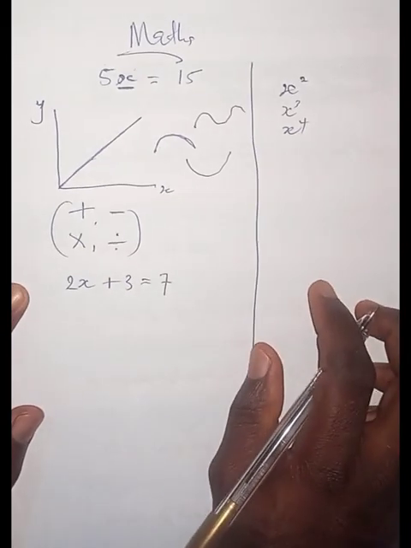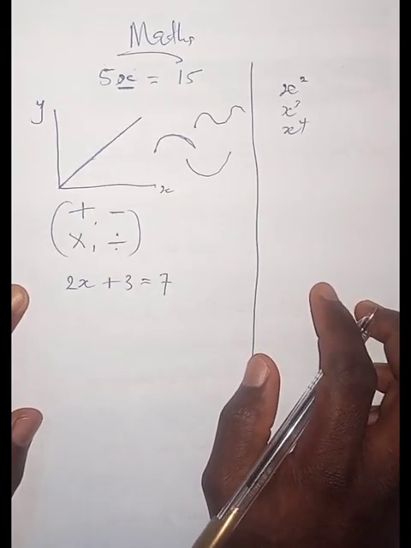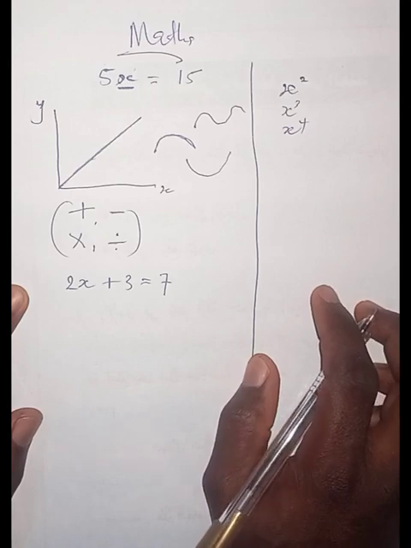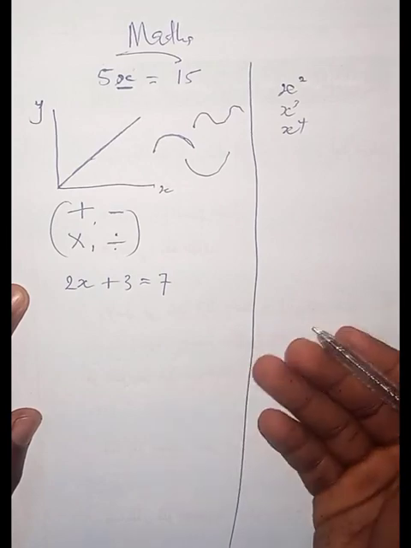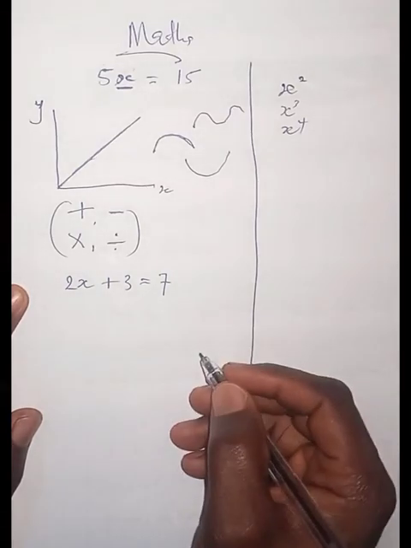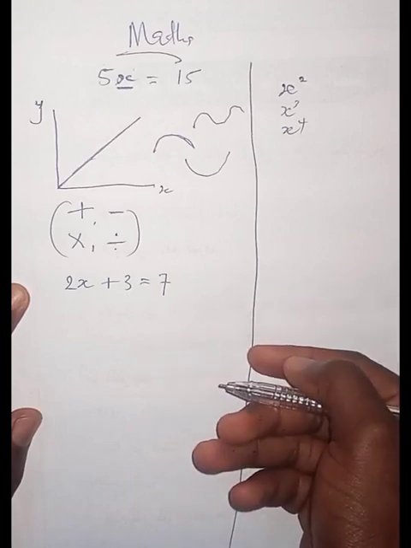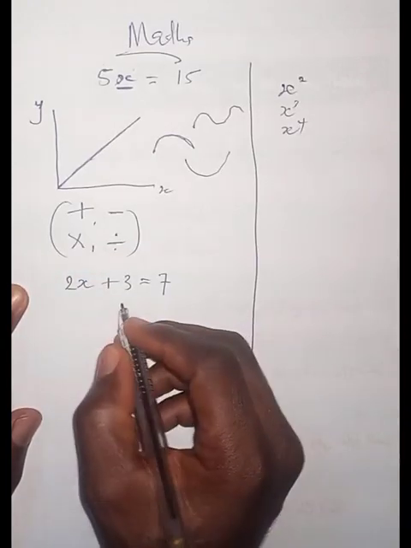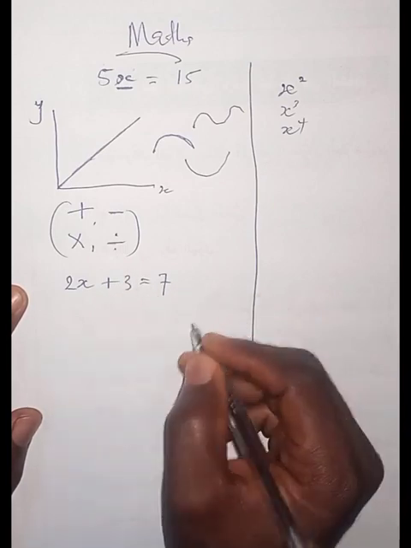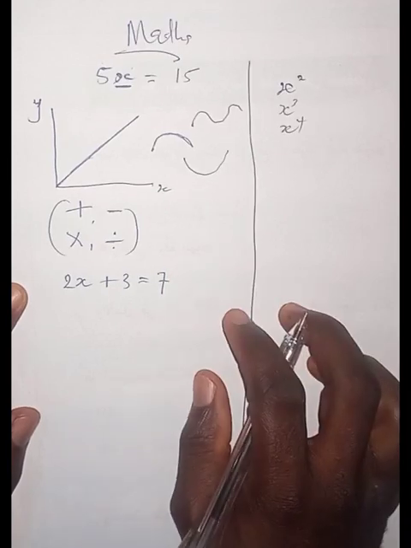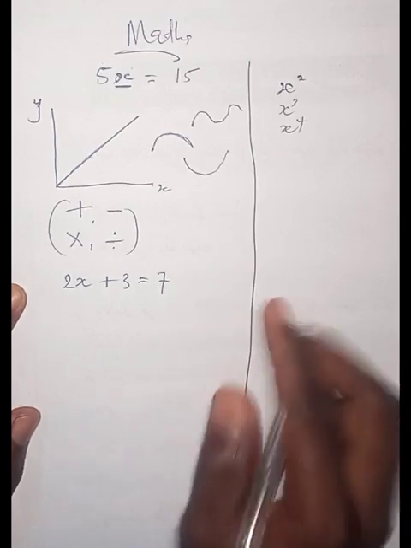How do we solve this? The first thing we need to do is to isolate our variable. To isolate our variable, the first step is to subtract 3 from both sides. With this, the 3 will be eliminated.